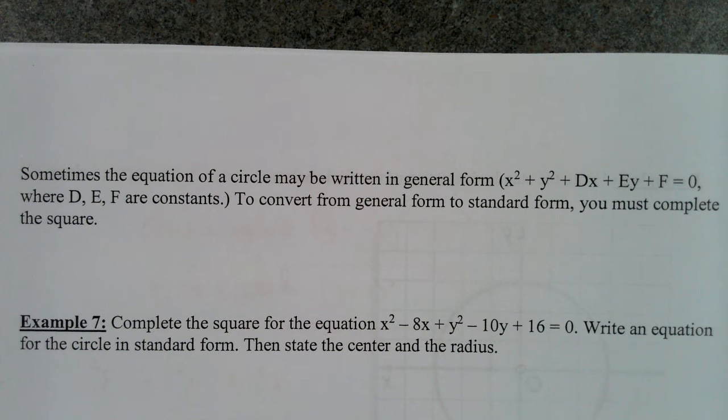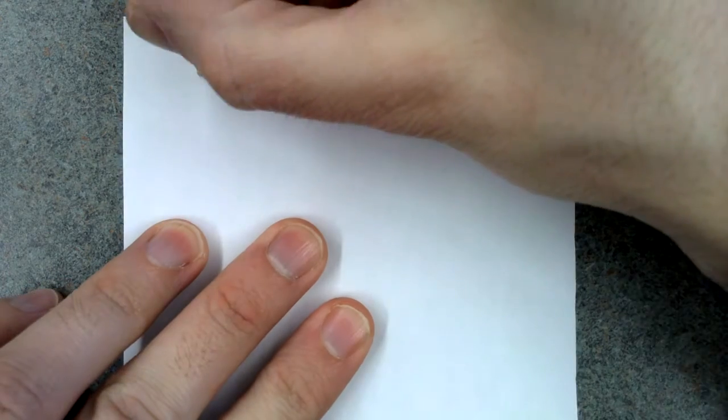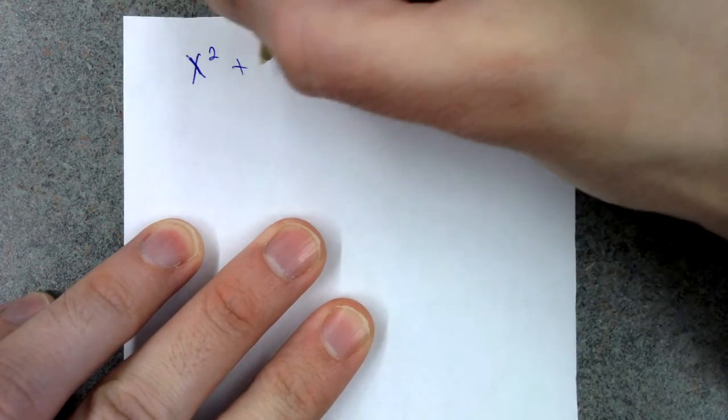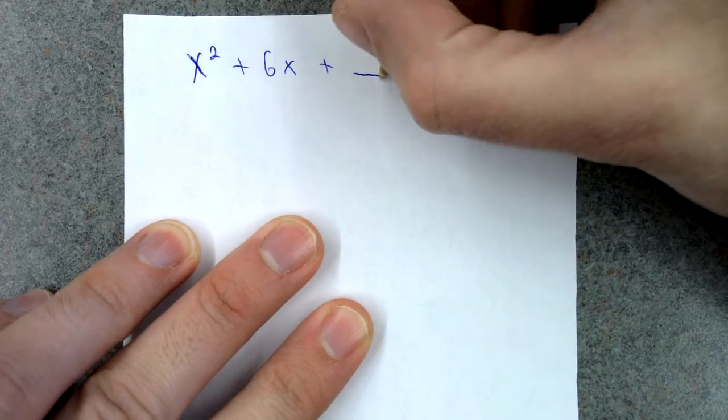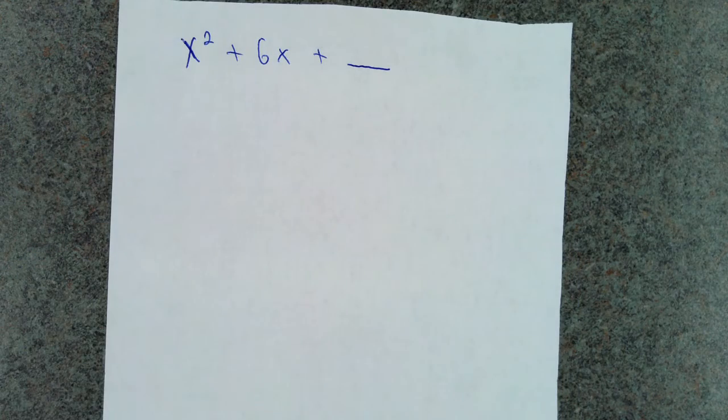To convert from general form to standard form, we are going to do what's called completing the square. Some of you may remember this from Algebra 1, some of you may not. Let me just take an expression. Let's say I have x squared plus 6x. And the question is, what number do I have to add to that to get a perfect square? Think about it like this.